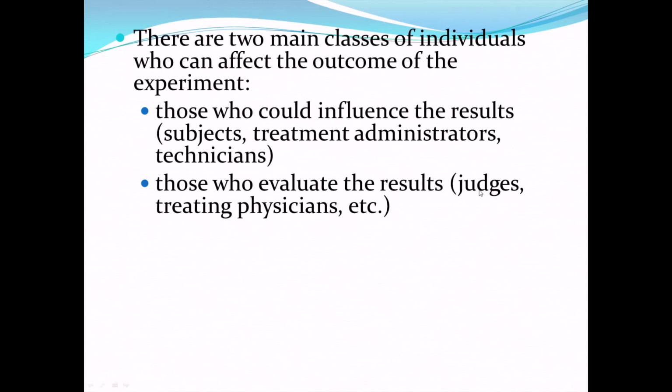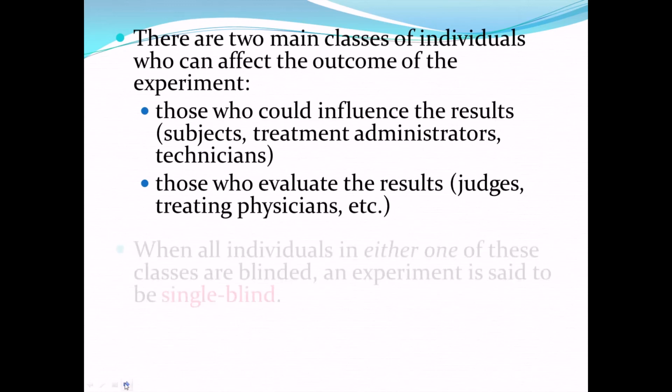So they could be people who are judging them, tabulating them, treating physicians, anybody who's there after the fact looking at the numbers. And they could look at a number and say, oh, well, that was a placebo. That's way too high. I think we need to lower it. All right. I mean, you wouldn't expect people to just change numbers like that, but who knows? You just don't want any kind of temptation there.